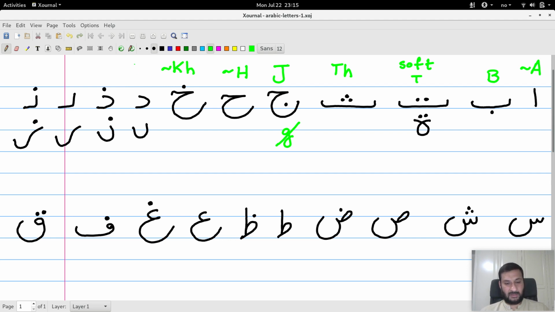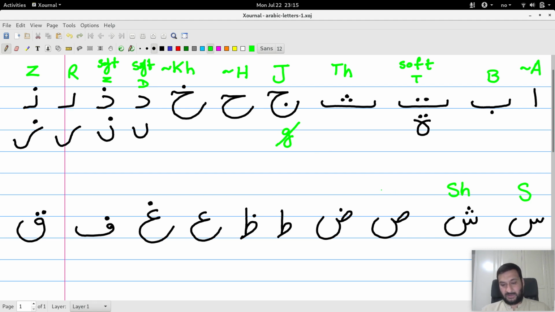Dal is, I'll write, soft D. Zal is soft Z. Ra is R. Za is actually Z. Sin is like S. Sheen is the combination in English we use for SH, which is she, short, Sherlock, and so on.